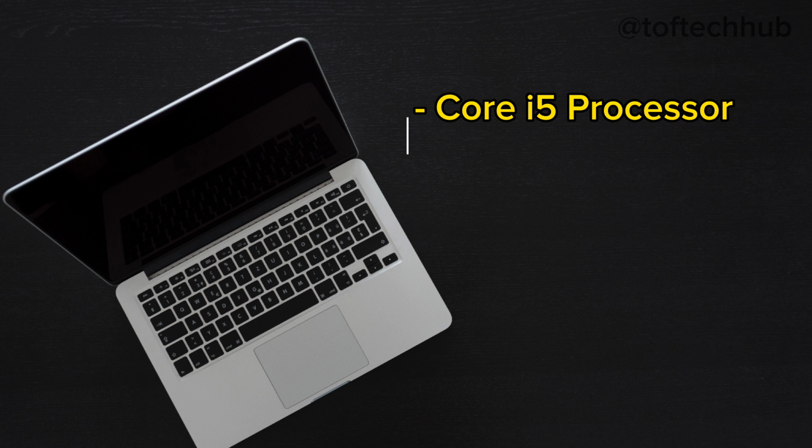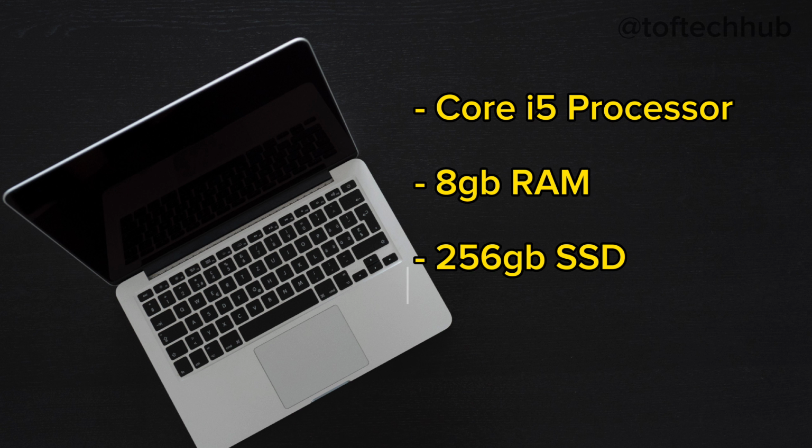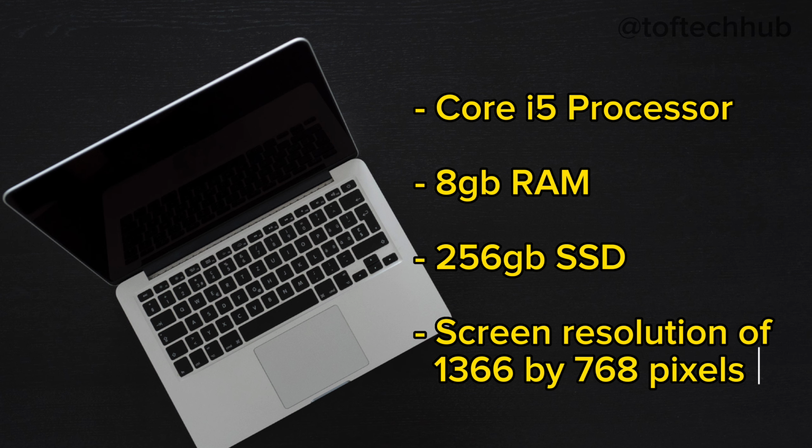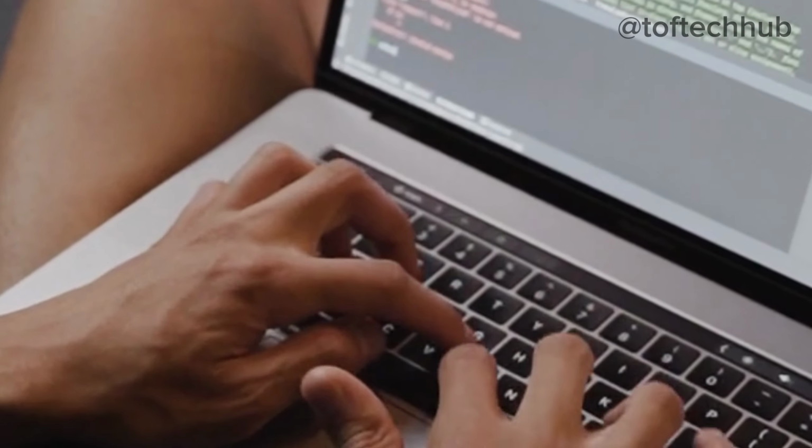And from research, front-end engineers actually recommend that newbies get a laptop with a Core i5 processor, 8 gig RAM, 256 gig SSD, and a screen resolution of 1366 by 768 pixels. You don't need to bother yourself with the meaning of all this. Just tell the buyer where you want to get your laptop that this is actually what I need. So that's the basic type of laptop that will give you a great performance as a newbie.